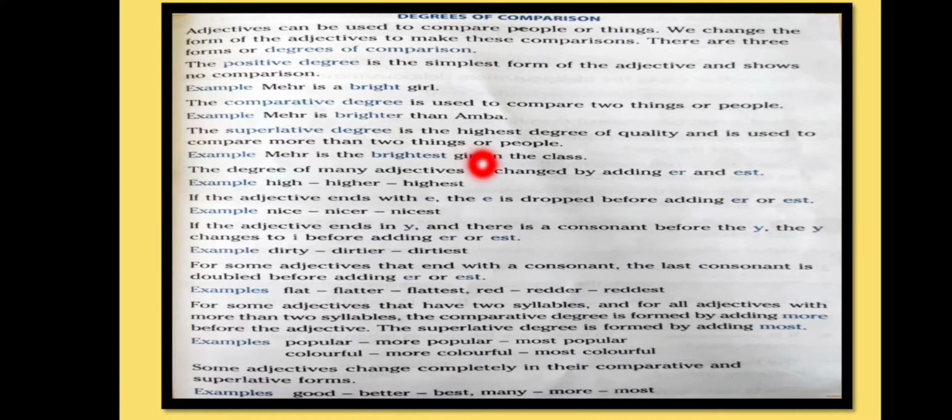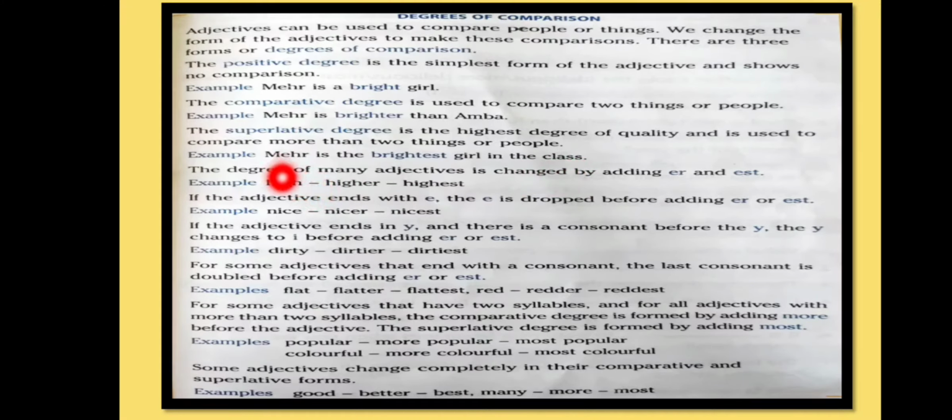Now let's see what is superlative degree. Superlative degree is the highest degree of quality and is used to compare more than two things or people. If there is comparison between more than two people or things, we have to use superlative degree.